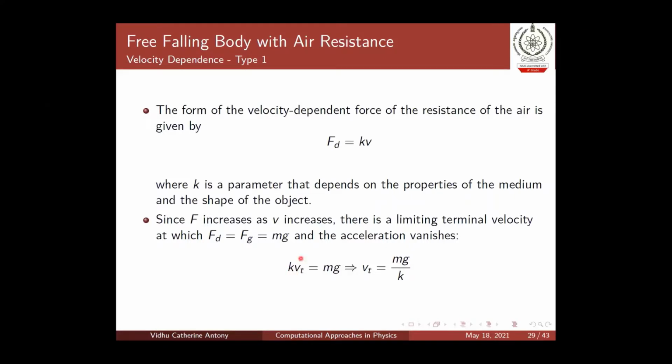It would still be falling down, but there would be no acceleration. That's what you infer from here. So if drag increases as V increases, there is a limiting terminal velocity. That is a maximum velocity at which you can hit the ground. So your Fd is equal to Fg, which is mg, and the acceleration vanishes. So you have Vt is going to be mg divided by k.